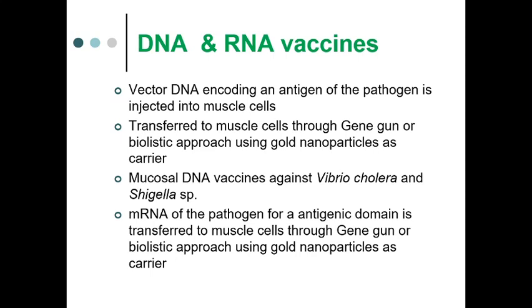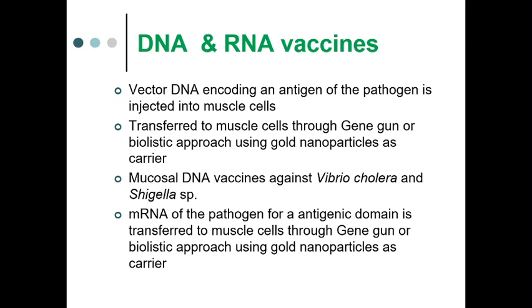There is also a mucosal DNA vaccine against Vibrio cholerae and Shigella species, and a vaccine was also being developed against the coronavirus. Here, the DNA of a particular antigen is administered through the nasal route by taking advantage of the nasal mucosal passage.